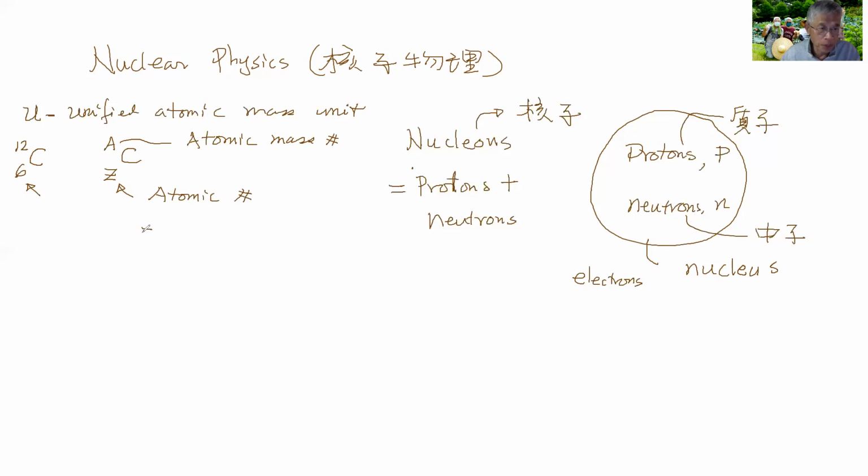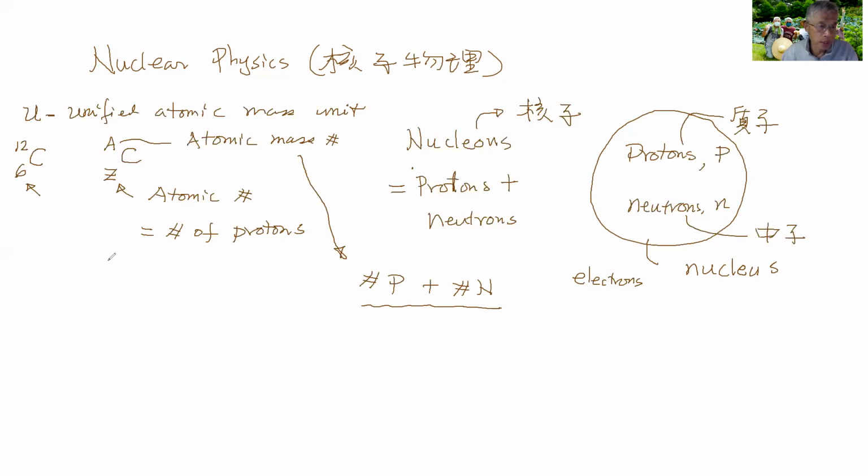An atomic number is equal to the number of protons. So how many protons do you have? The atomic mass number is equal to the number of protons plus the number of neutrons. It's your A.